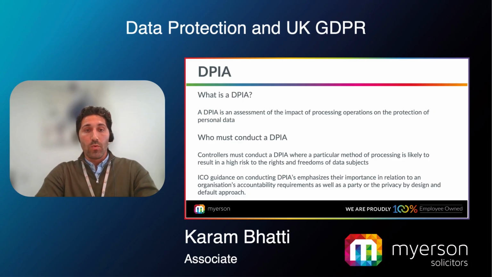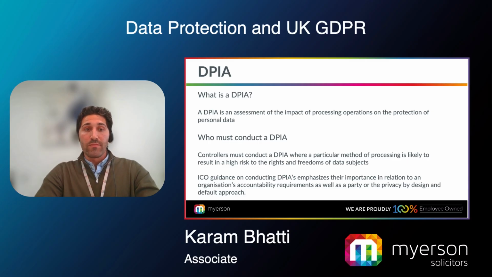conducted. Now, I won't go through every single one of these in detail, but some of the key examples include any processing activities which involves the use of innovative technologies such as AI, any processing of sensitive personal data such as health, genetic or biometric data, or data relating to children or vulnerable adults, or the carrying out of large-scale processing, taking into account the number of individuals concerned, the volume and variety of data, the duration of processing, and the geographical extent of the processing.